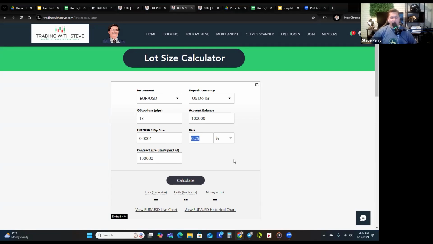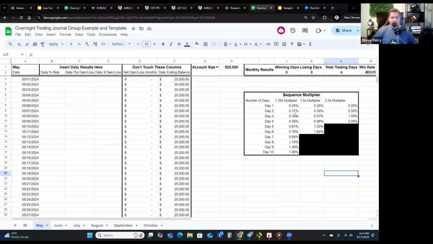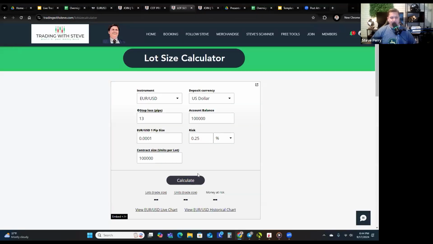Then right here, you're going to put in whatever step you are in the sequence multiplier. Since this is the first day, as an example, you would type in 0.25%. If you were on day 2, you would type in 0.38. If you were on day 4, you would do 0.86. And that's the number you would put in when you go to the lot size calculator.